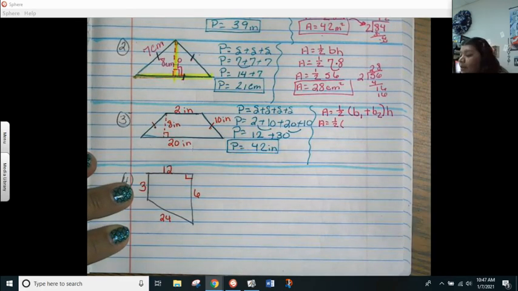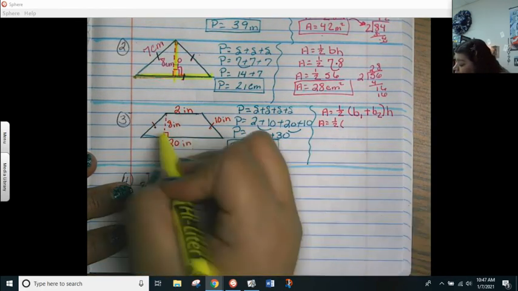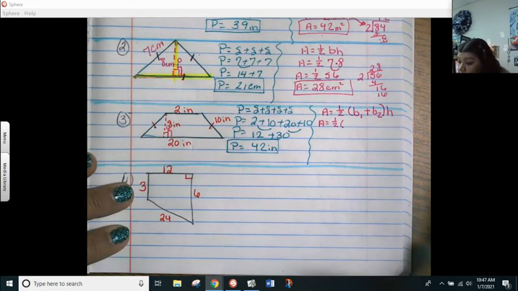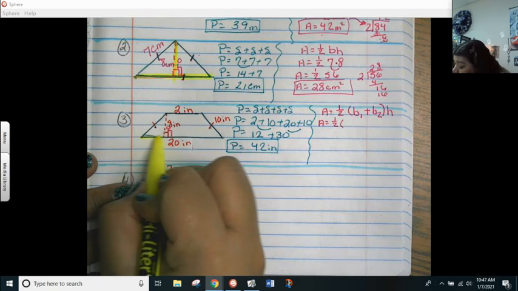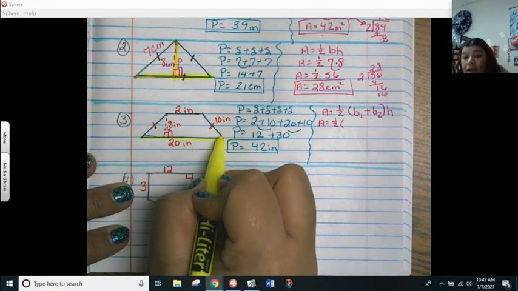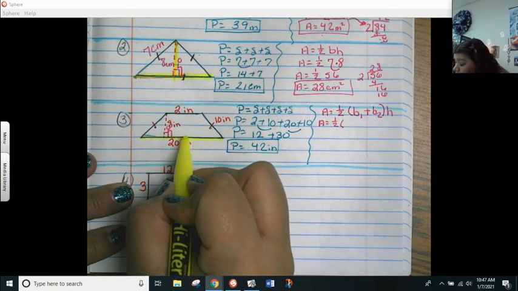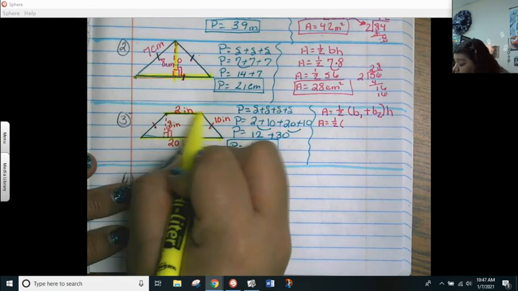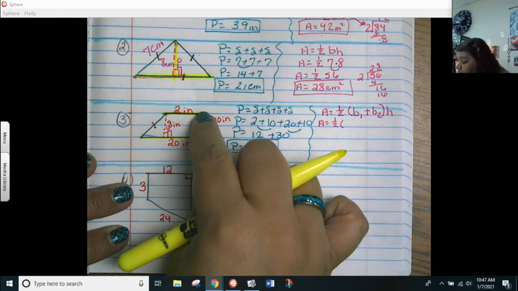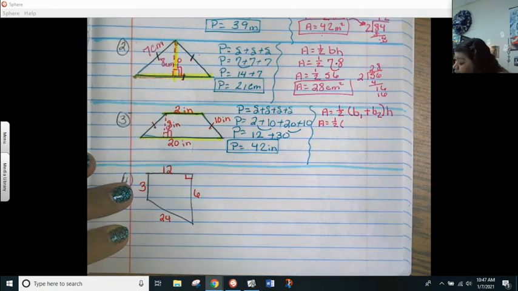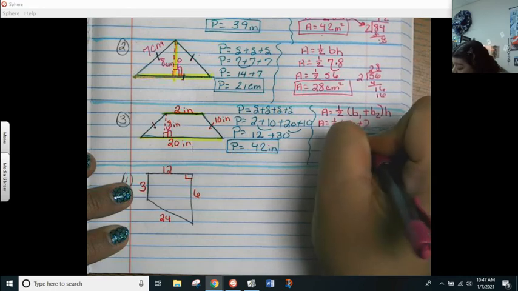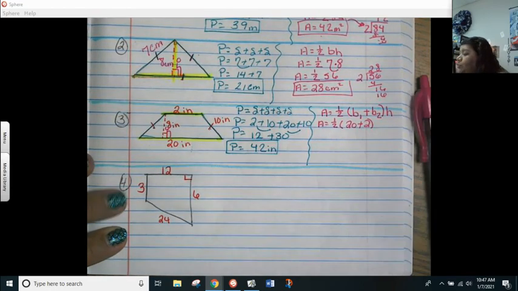Let me get my highlighter. I see Harry. Here he is. Okay, so here's base 1. Now, parallel to that 20 is going to be, here's the bottom, is the top. Those are your bases. There's base 1, there's base 2. So that's going to be 20 and 2. And it doesn't matter if you put 20 plus 2 or 2 plus 20.